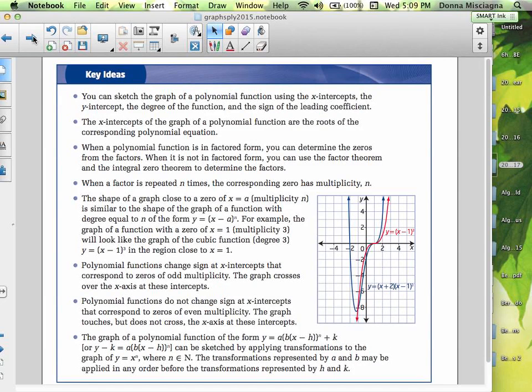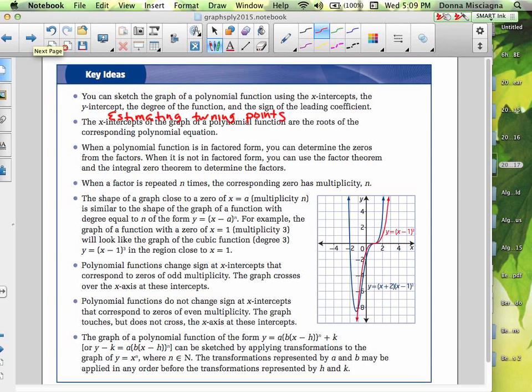So key ideas: you can sketch the graph of a polynomial function using the x-intercepts, the y-intercept, the degree of the function, the sign of the leading coefficient, and we're also going to be estimating turning points. The x-intercepts of the graph of a polynomial function are the roots of the corresponding polynomial function. Right?